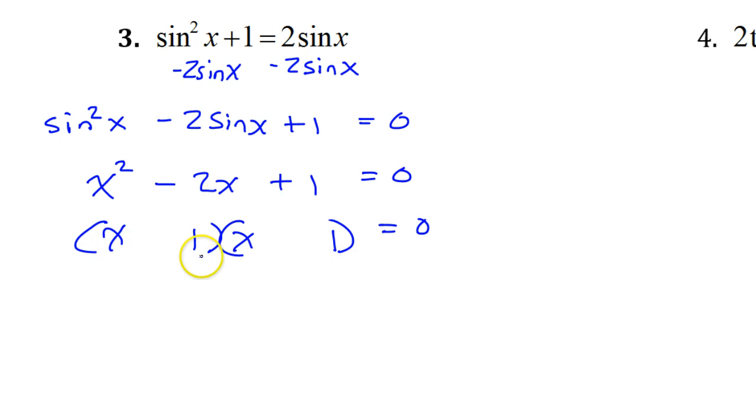Inner plus outer equals middle. Inner I have 1x, outer I have 1x. I'm trying to get negative 2x, so that would only happen if both of these were negative. And then that does give me positive 1, so I factored it. And then I would go on from there.